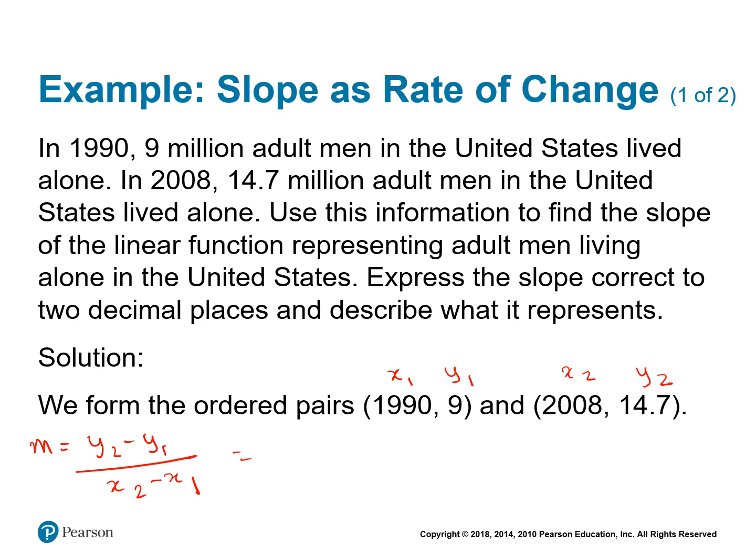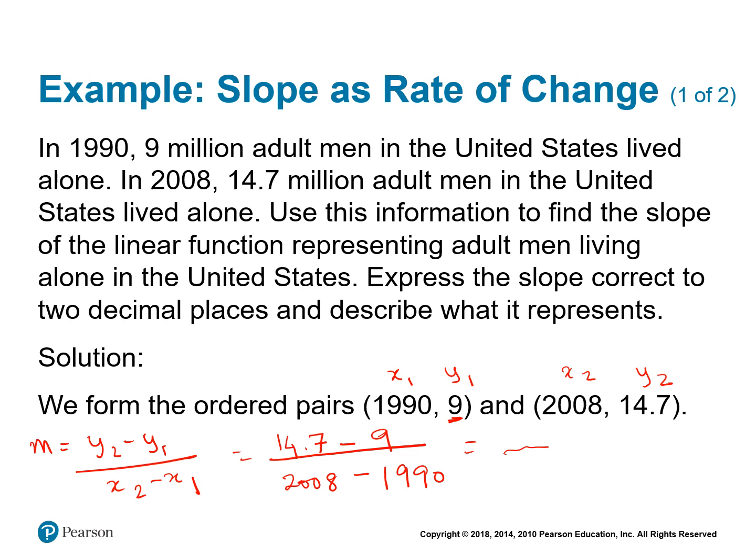Again, in the numerator, it's always the y values. So 14.7 is the value for y2, 14.7 minus 9, the y1, divided by x2, 2008 minus 1990, and then we do the calculation and we will come up with a slope.